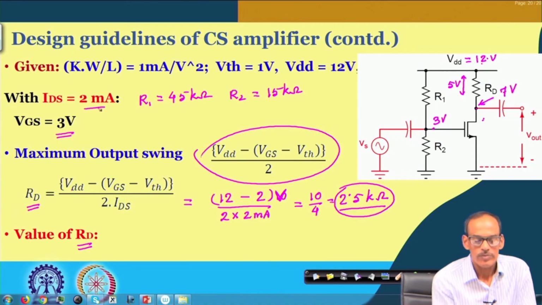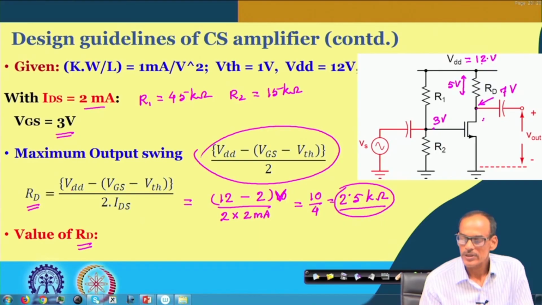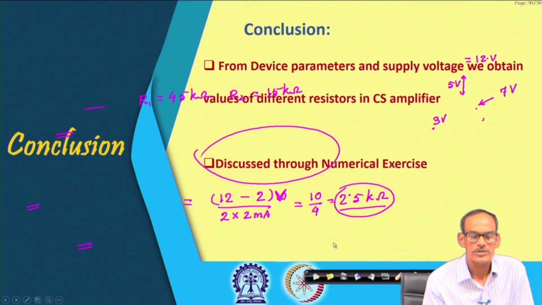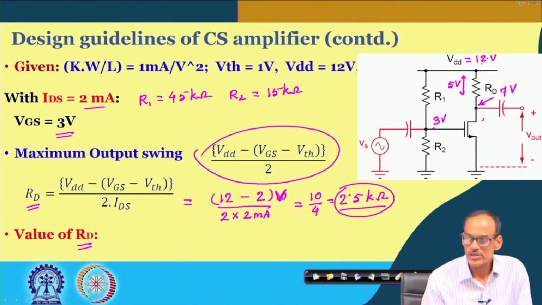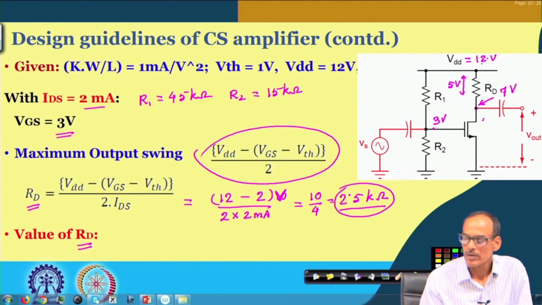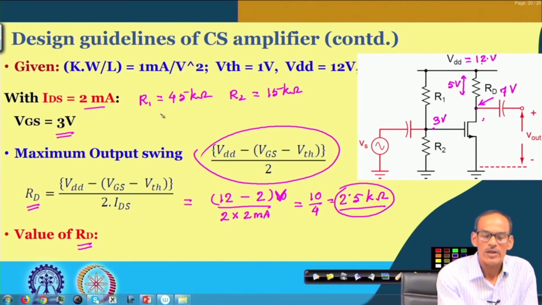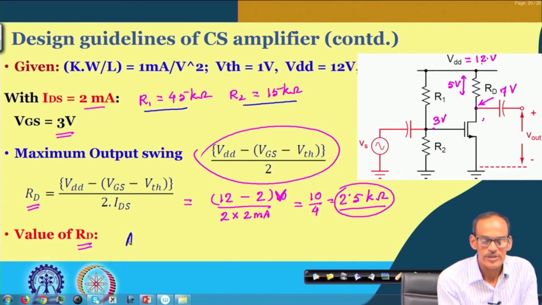And performance wise, I guess I do have another slide for that, but let me write the other information here itself. With these values of R1, R2 and RD, the voltage gain equals gm into RD.